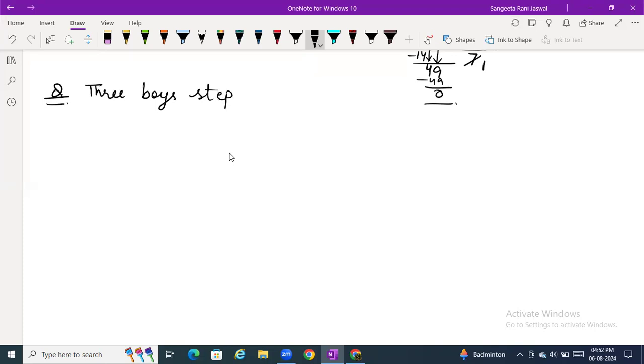The 3 boys step off together. Step off together means they started walking together, from the same spot. They started walking from the same point.